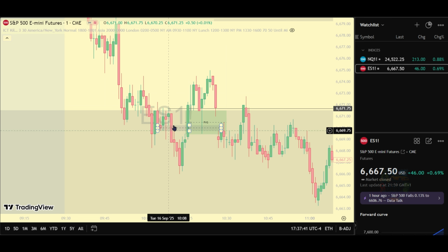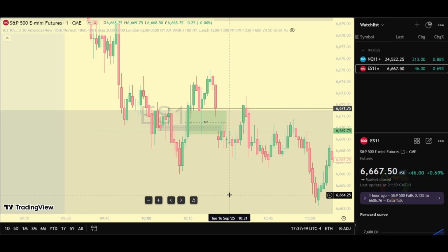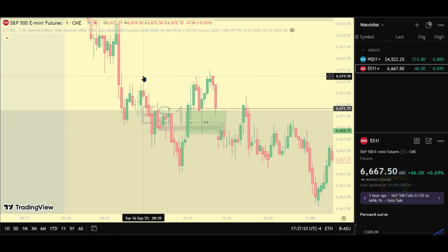Yeah, so we had this inversion, this bullish fair value gap respected. Didn't quite tap into this order block here, but we did on NQ. So yeah, that was the trade. Very, very good setup.